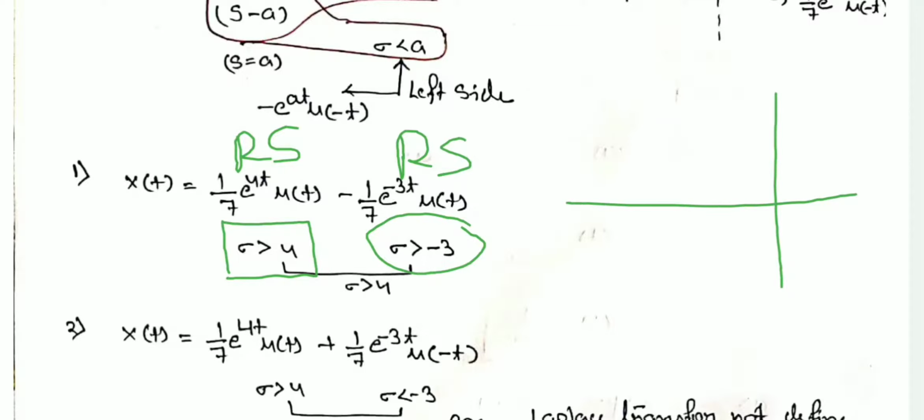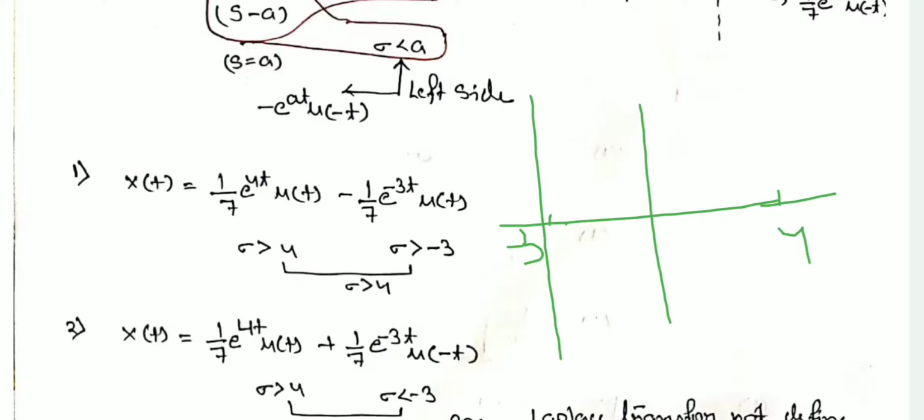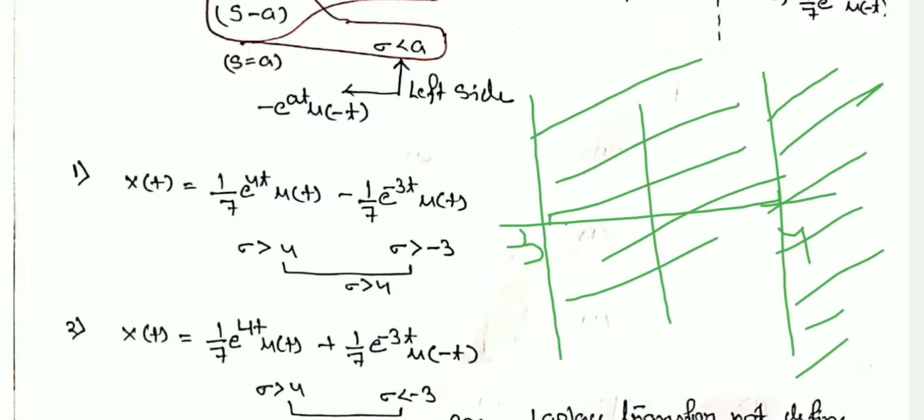When we plot this, let's suppose minus 3 is at this position and 4 is at this position. Both signals are right sided, this type and this type. We know the property of ROC that it does not contain any pole.